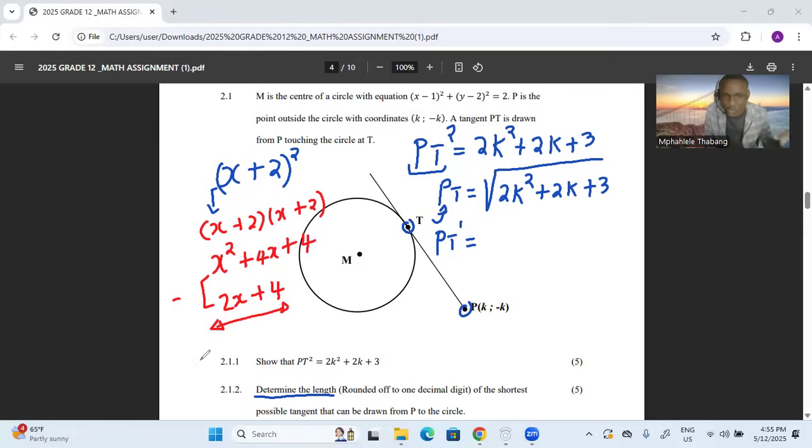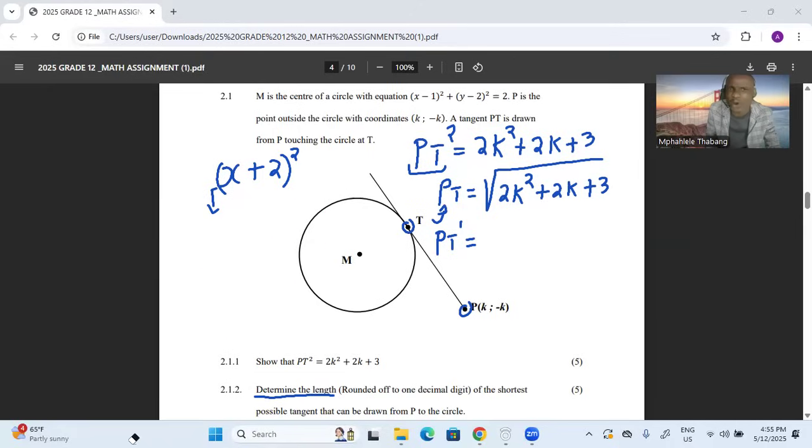It's ideas of calculus. I know that if you want to differentiate it, you first put it in the standard form, then you differentiate. But in a higher level of maths, we can differentiate it even without putting it in the standard form by making use of what we call the chain rule of differentiation. What we do, we say, let us differentiate the whole. You see this x plus 2 here, being squared, I'm going to see it as a whole expression. So I'm going to take this 2 and write it in the front.